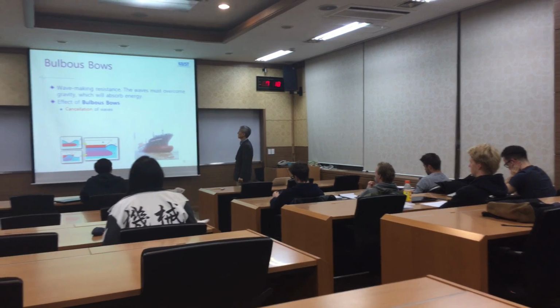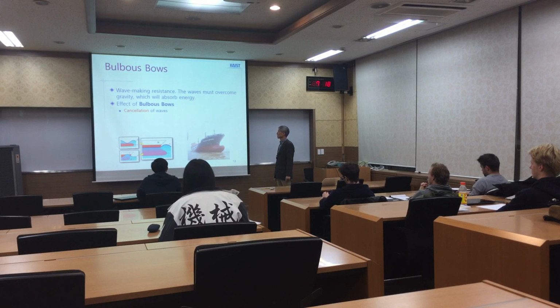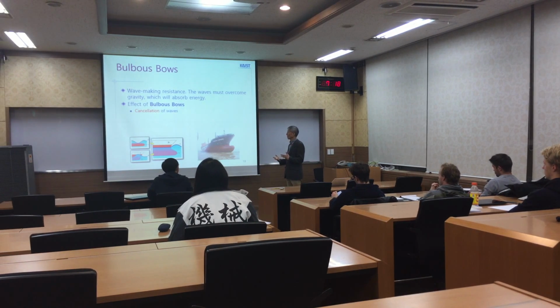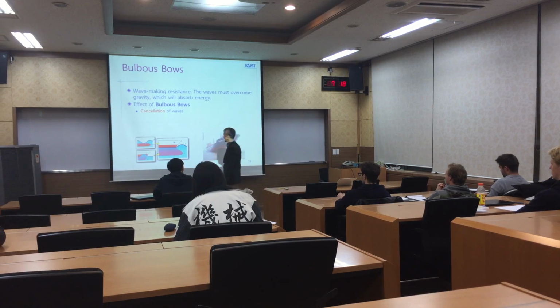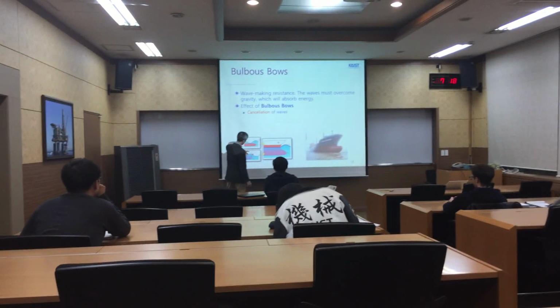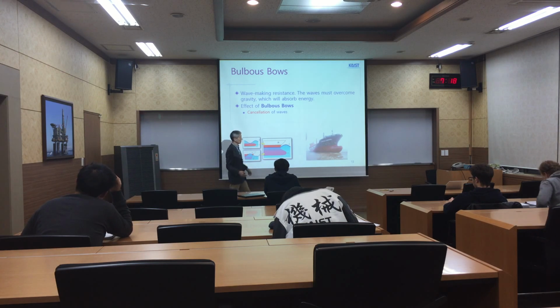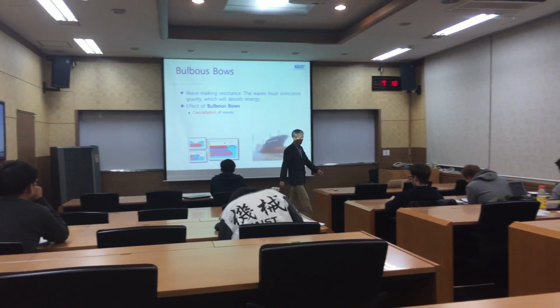And bulbous bow, the idea of bulbous bow is trying to cancel two waves coming from different portions of the ship. Okay? So without bulb, still they are creating bow waves, right?